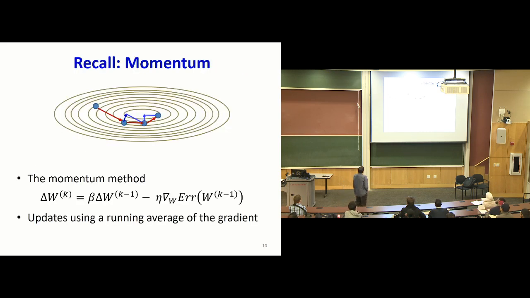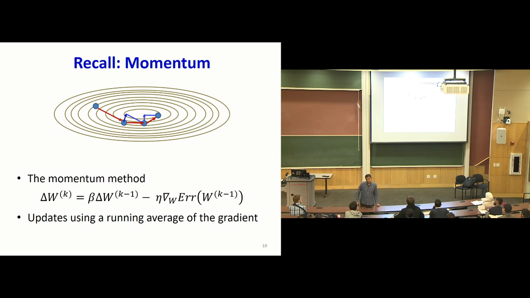So how would momentum methods help? Now remember, what does momentum do? Momentum updates using a running average of the gradient. So it just maintains a running average of the gradient. And what happens when you maintain a running average? Oscillations tend to get smoothed out. Directions tend to get supported.